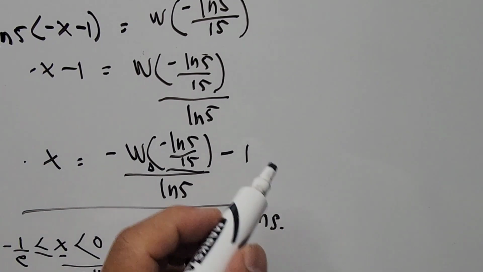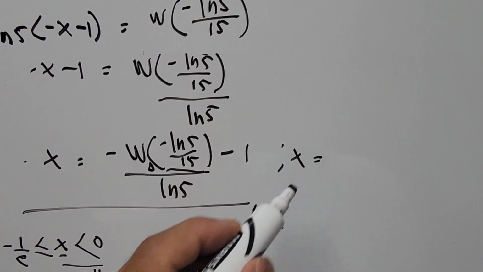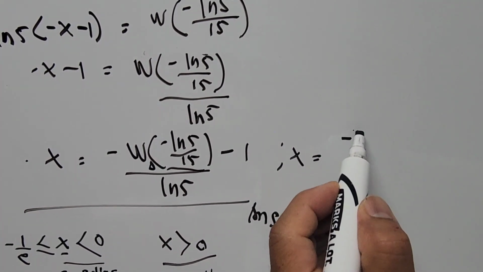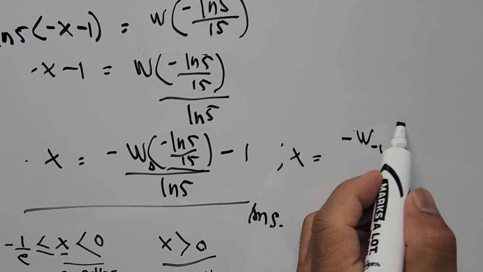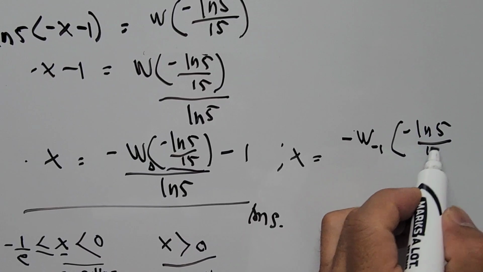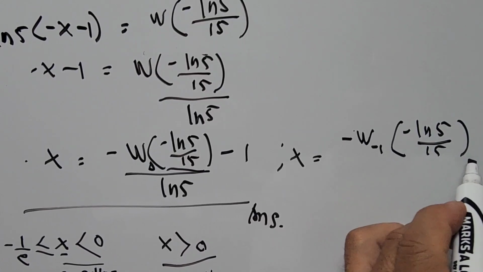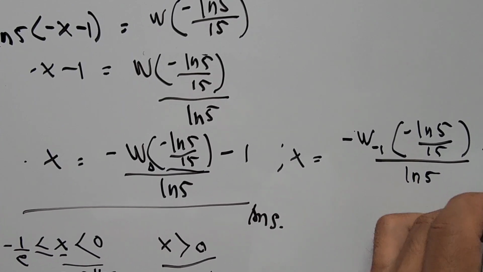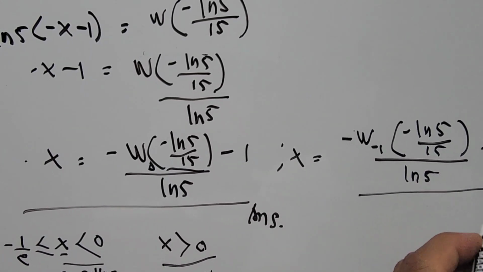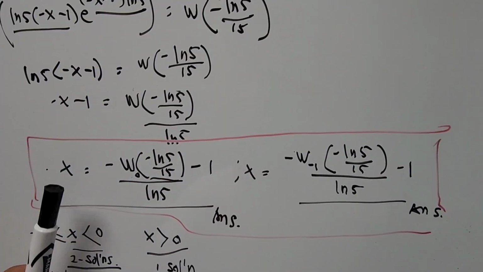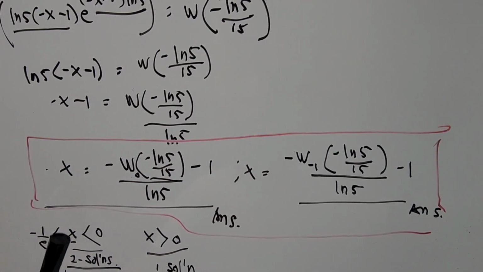And the other value is x is equal to, here is W sub negative 1, so negative W sub negative 1 times the quantity negative ln of 5 over 15 divided by ln of 5 minus 1. So this is another value of x. So these are our values of x, which correspond to the two points of intersection.